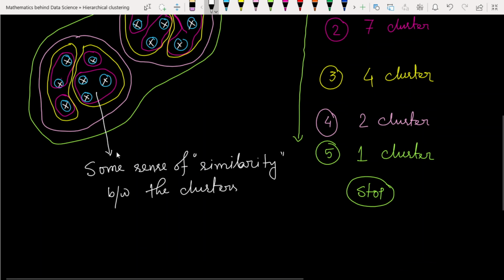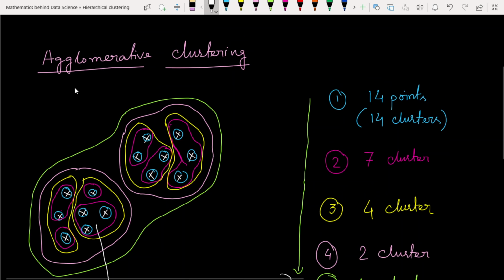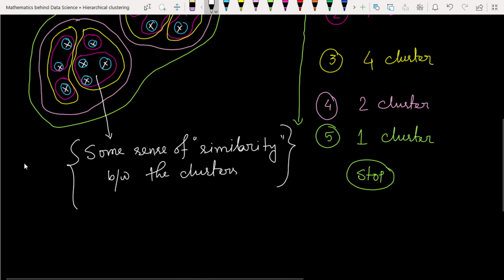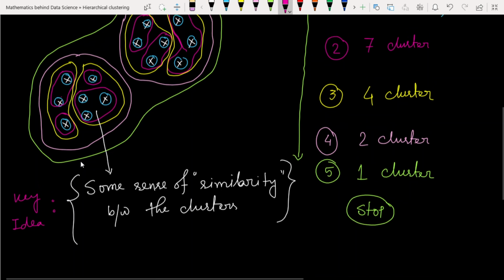Okay, this is the main key idea behind agglomerative clustering.